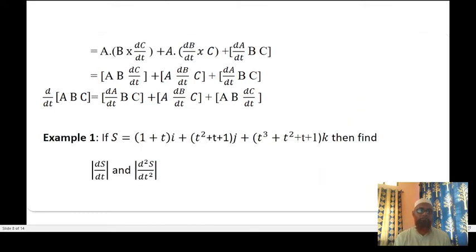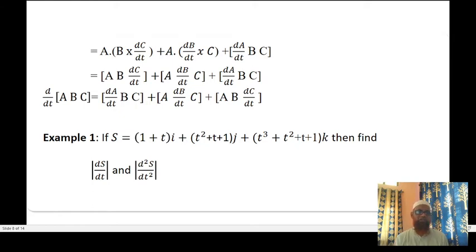So again this is equal to a dot b cross dc by dt plus a dot db by dt cross c plus dA by dt dot b cross c. Which is equal to the scalar product of bracket a b dc by dt plus a db by dt c plus dA by dt b c.